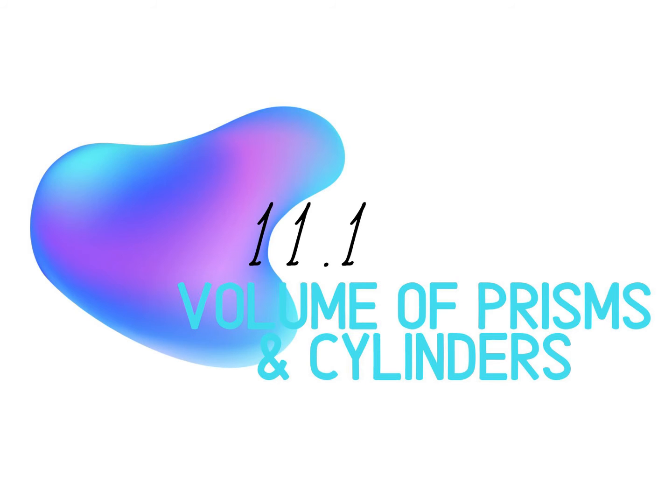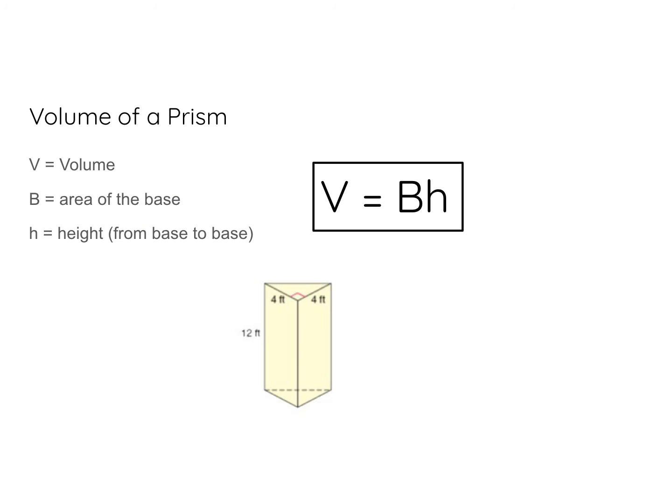Okay, so getting into 11.1, we're going to look at just the volume of prisms and cylinders. And again, we're grouping these together because cylinders really are just a type of prism. Okay, so important things here. First of all, here is your formula. Big B stands for area of the base.